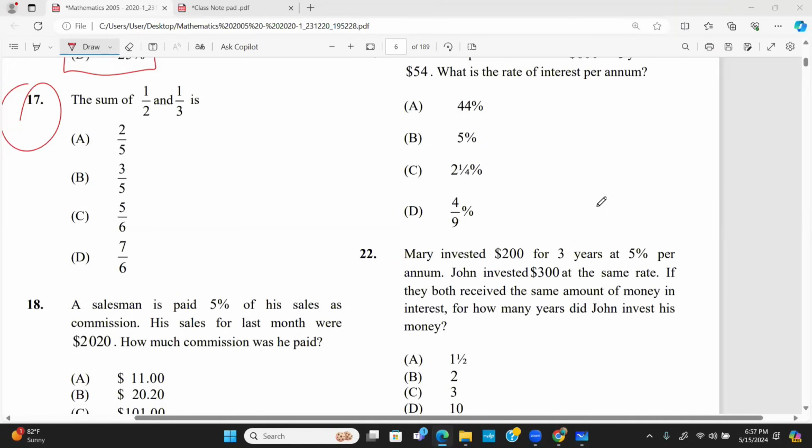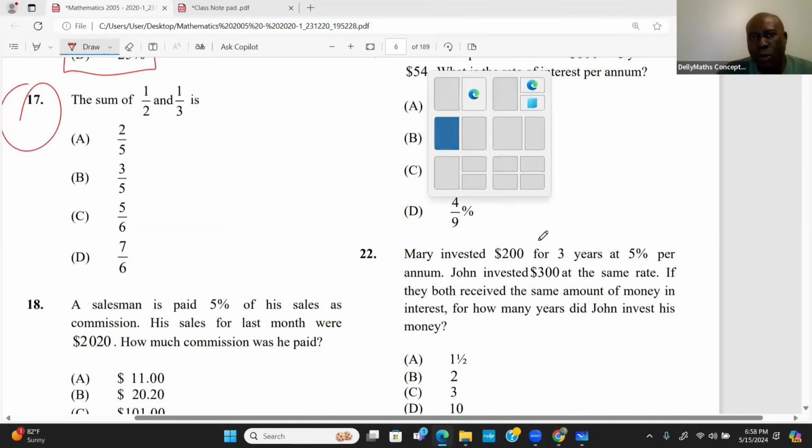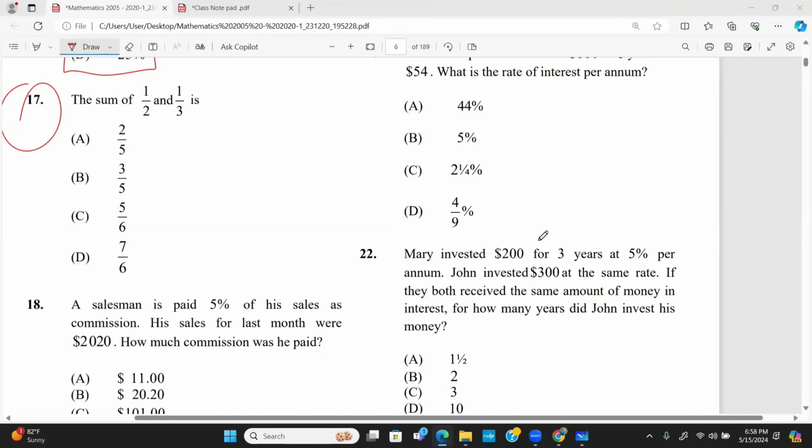Sir, I'm not seeing the poll, so I'm just going to type in the chat. Why are you not seeing the poll, Tavran? I don't know why, sir. The poll comes up on your screen automatically. I'm just seeing you, sir, and the question, sir. Something is wrong, I just don't understand that.